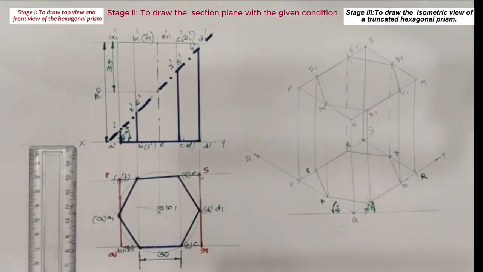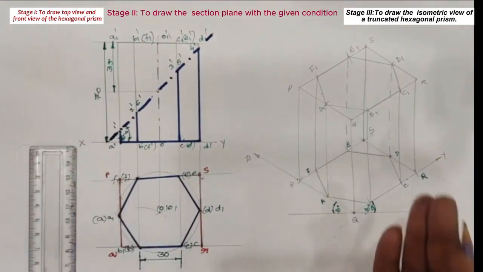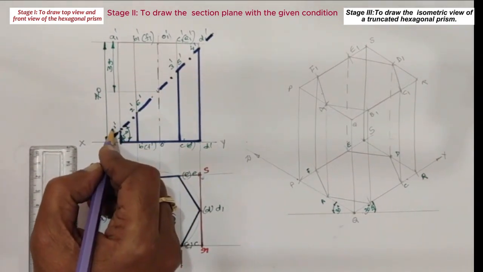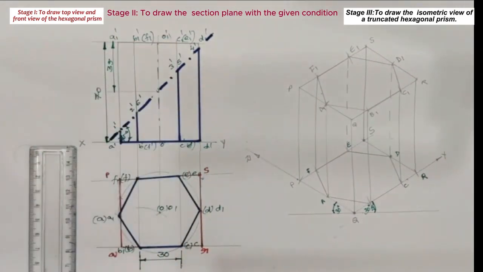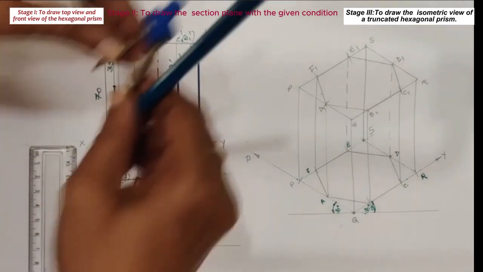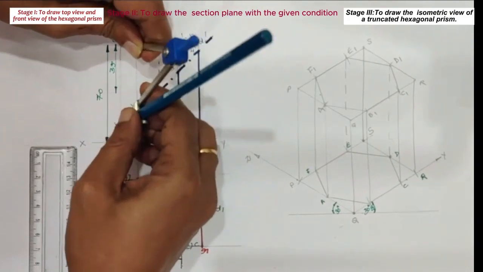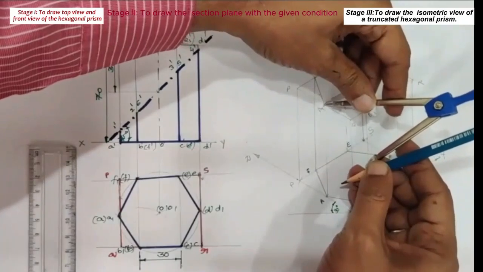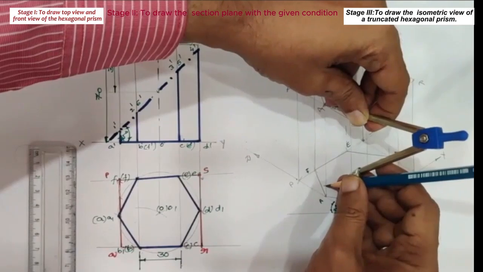Then we locate the intersection points of the section plane along with the face edges in the isometric view. Here 1 dash is a intersection point on A dash as well as A1 dash. So take A1 dash as a center and A1 dash 1 dash as a radius, draw an arc on A1 face edge.